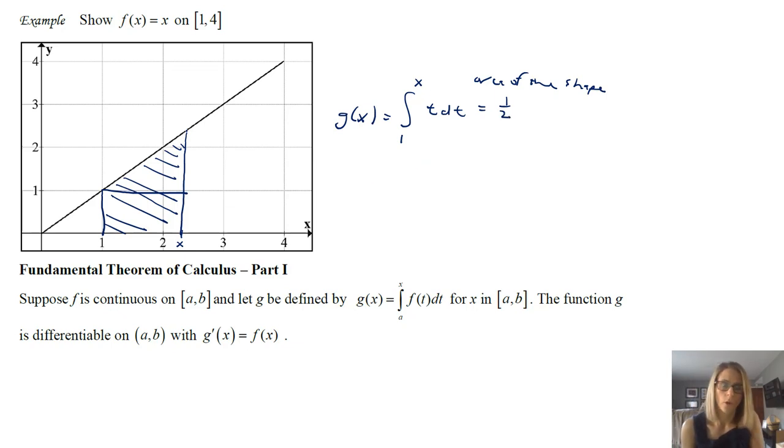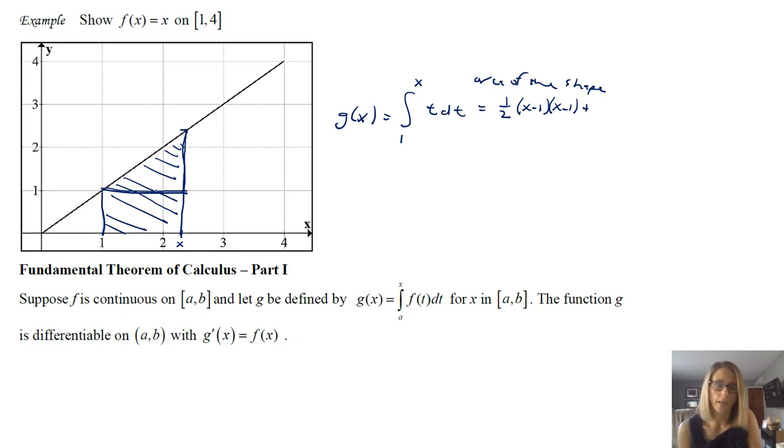The area of a triangle is 1/2, and then your base, which you can see is going to be x minus 1, and then the height. This height right here is just the same as the width, because this height is just x, since this is x here and we just have that line.